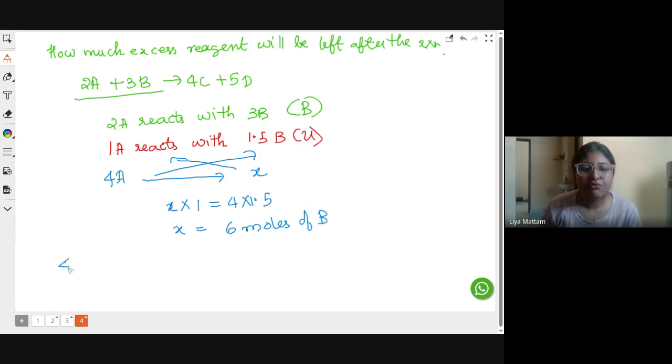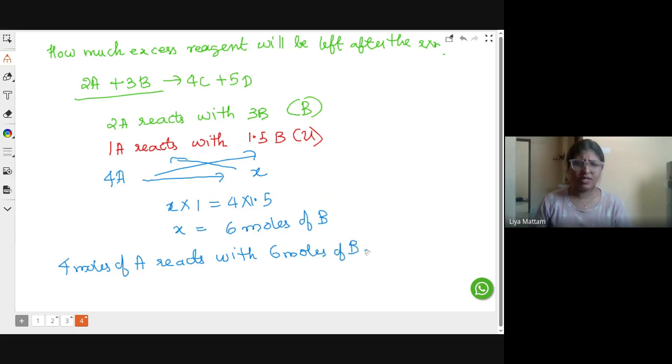X is equal to 4 into 1.5, which is 6 moles of B. That means 4 moles of A, which is the limiting reagent, reacts with 6 moles of B. But is that our question? This is not my question, right? The question is how much B is left after the reaction. 6 moles of B is used for the reaction. After using B, how much is left? That is the question, right?